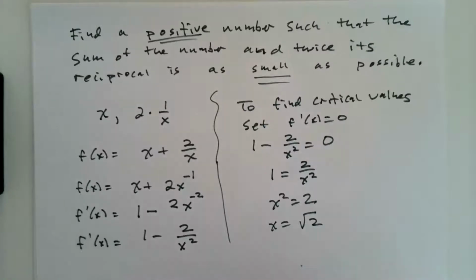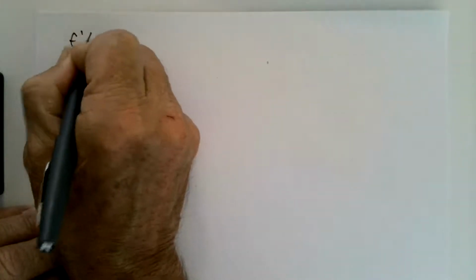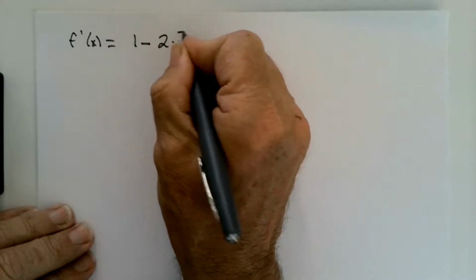So let's take a look at some numbers to see what's going on there. Now, first of all, can I convince myself if that's really a minimum? Is it a minimum or is it a maximum? So what I have is f prime of x is 1 minus 2x to the negative 2.